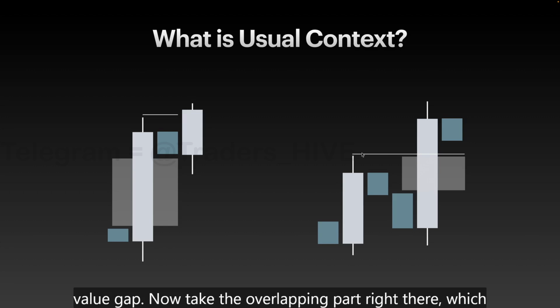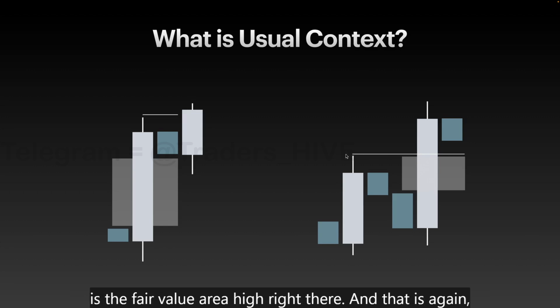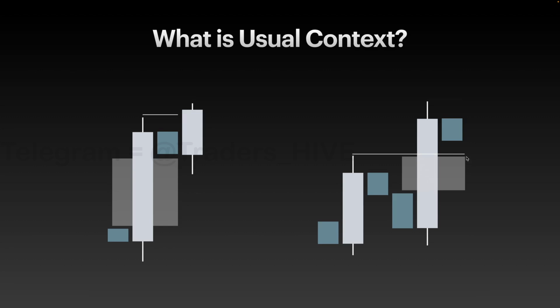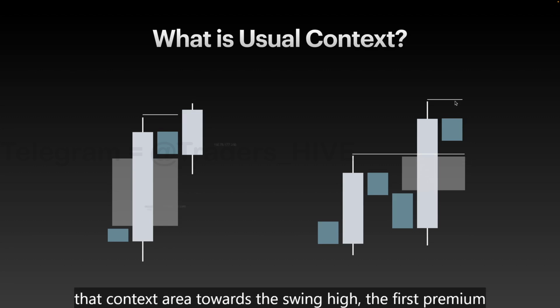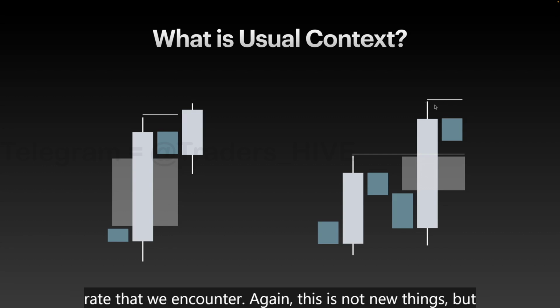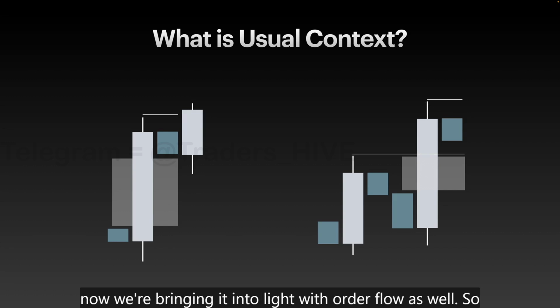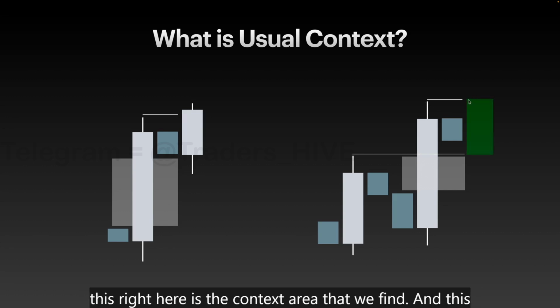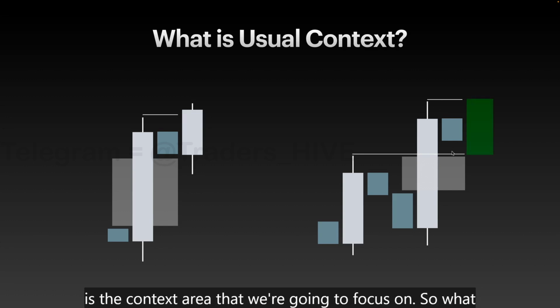Take the overlapping part, which is the fair value area high. And that is, again, the context area towards the swing high, the first premium rate that we encounter. Again, these are not new things, but now we're bringing them into light with order flow as well. So this right here is the context area that we focus on.